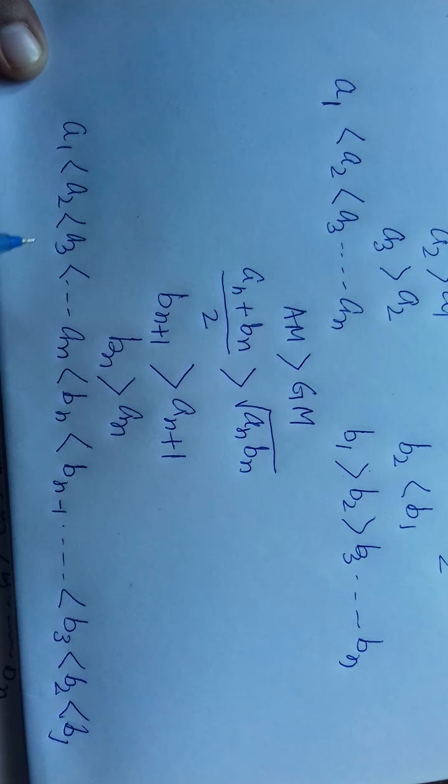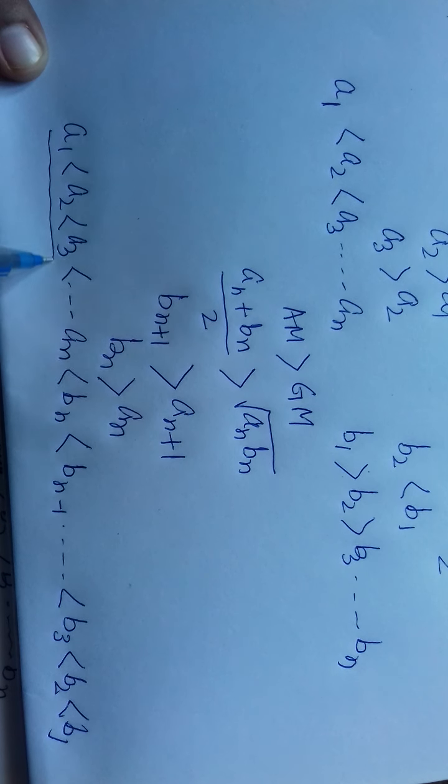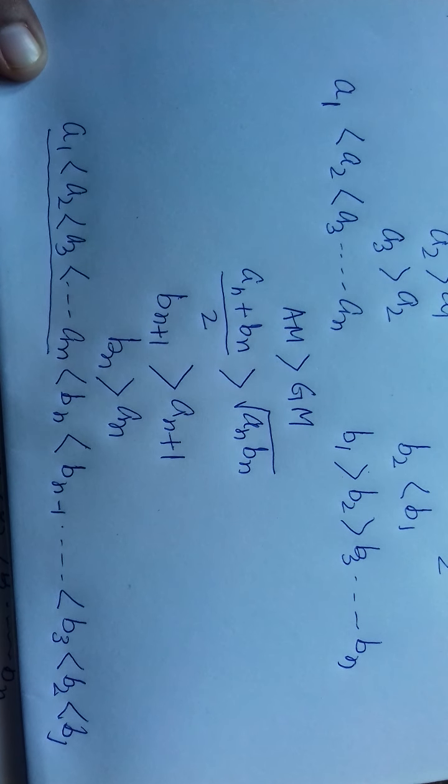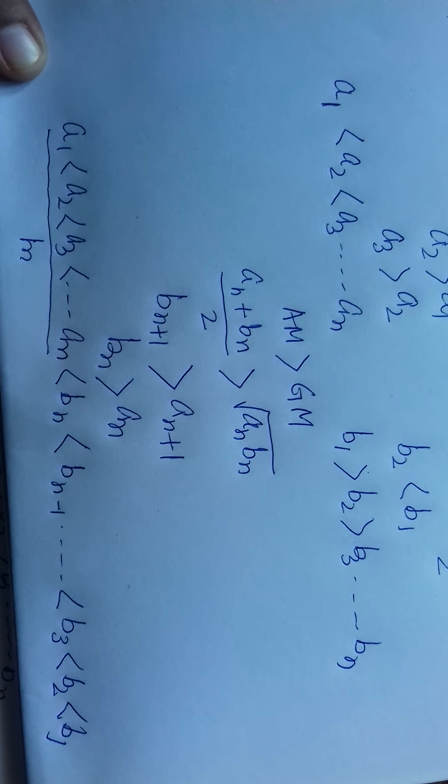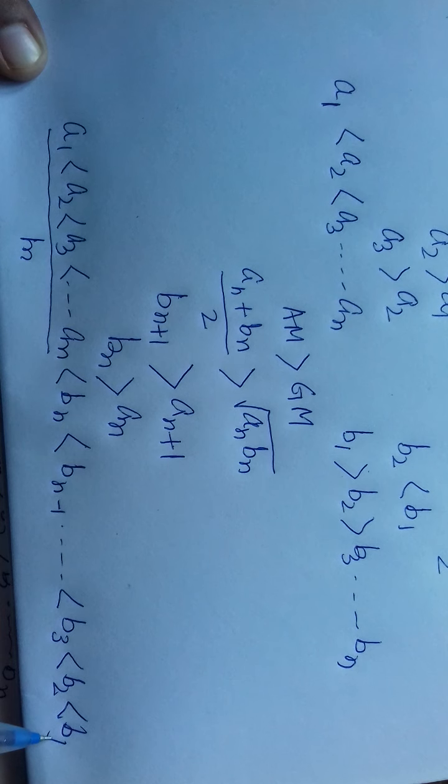Now you can see that this is an increasing sequence, but this sequence is bounded above by b1. b1 is a constant. This sequence is bounded above and increasing, so this is a convergent sequence.